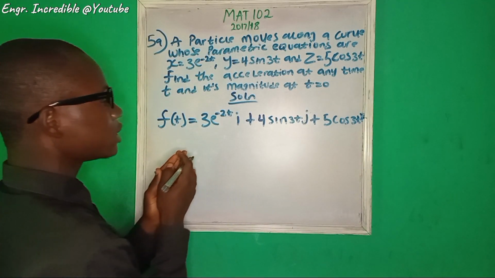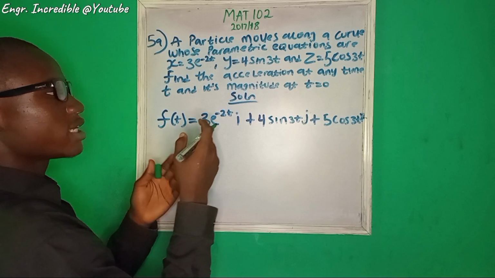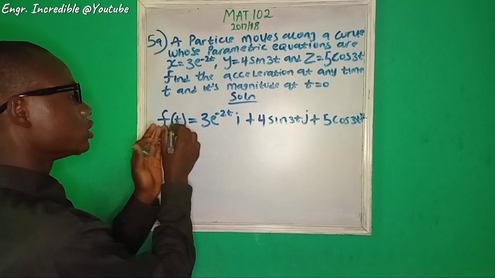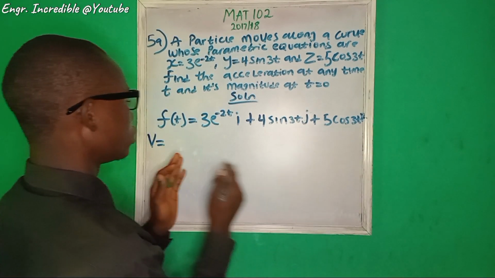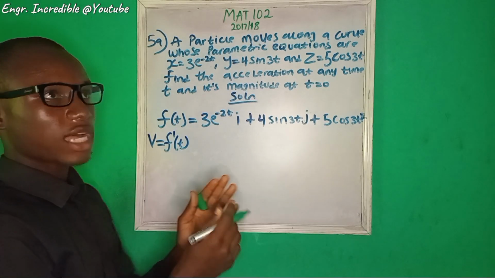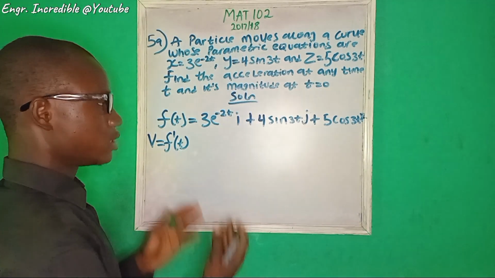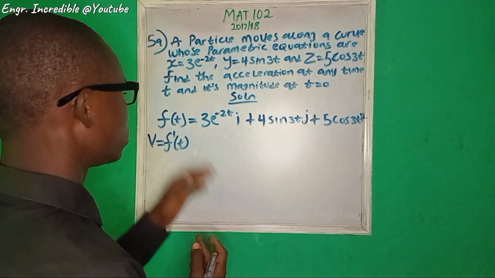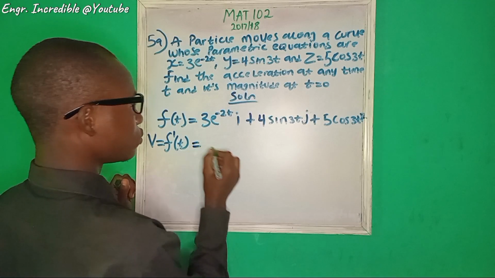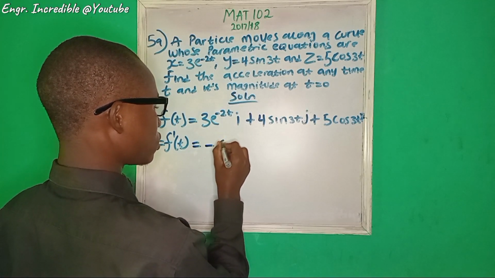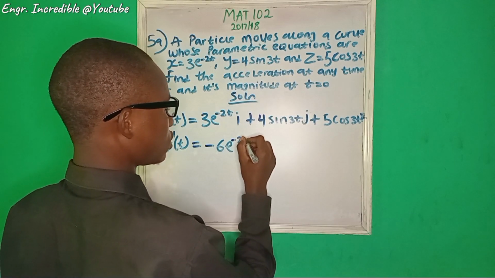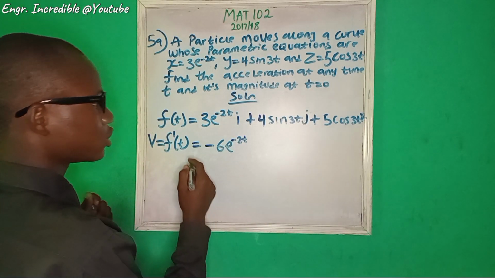So now in order to get acceleration, we have to get the velocity, and the velocity is equal to the differentiation of this equation here, that is f prime of t, which is the same thing as dx/dt, dy/dt, something like that. So when we differentiate this, we have minus 6e raised to the power minus 2t.